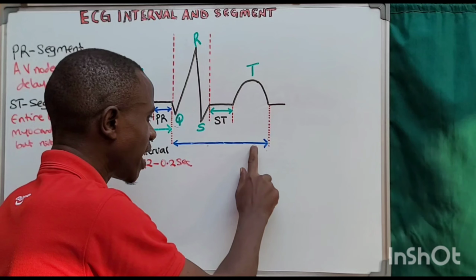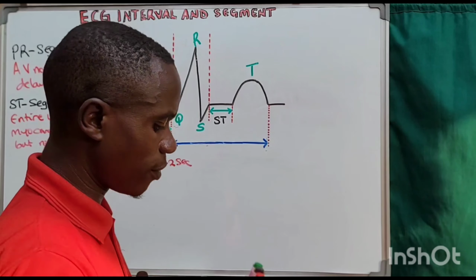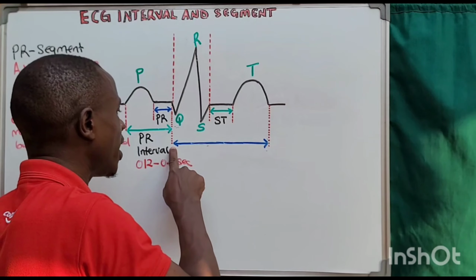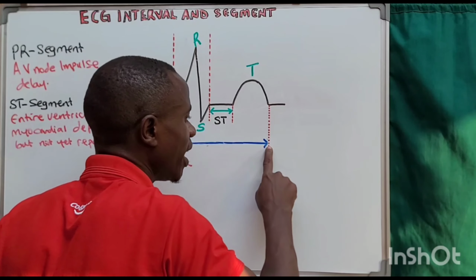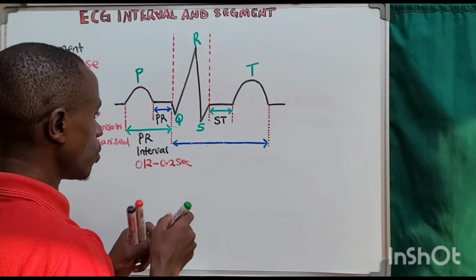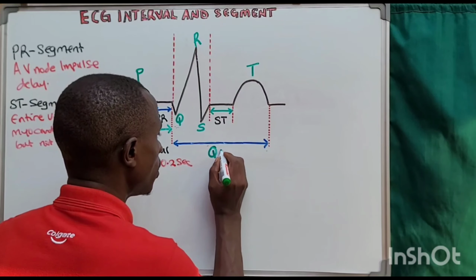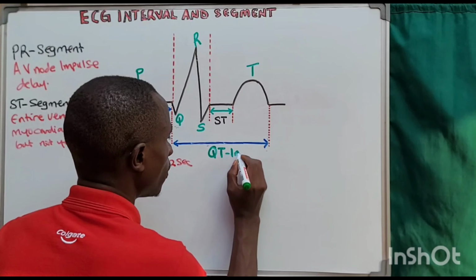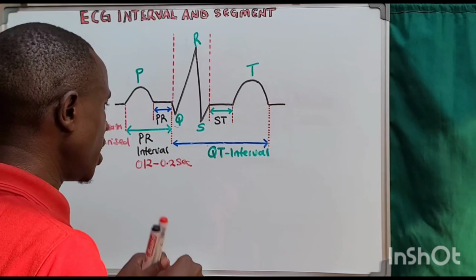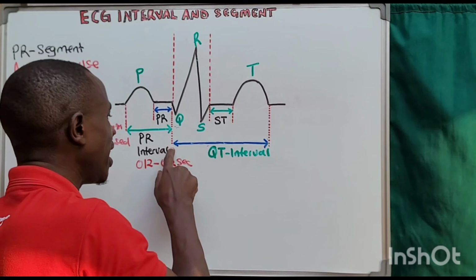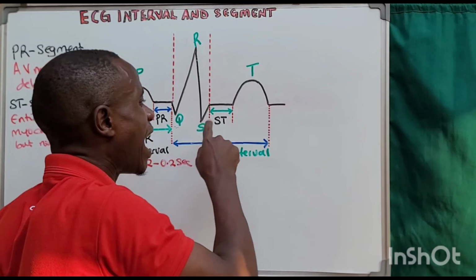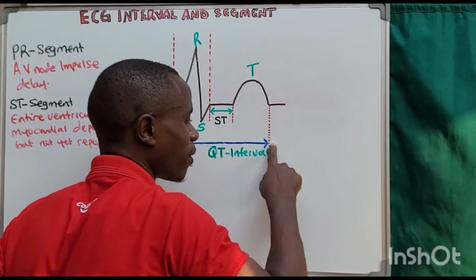Then we also have this interval here. Do you know what this interval is called? This interval goes from the beginning of the QRS complex up to the end of the T wave. This interval is what we call the QT interval. This QT interval starts from ventricular myocardial depolarization up to ventricular repolarization.